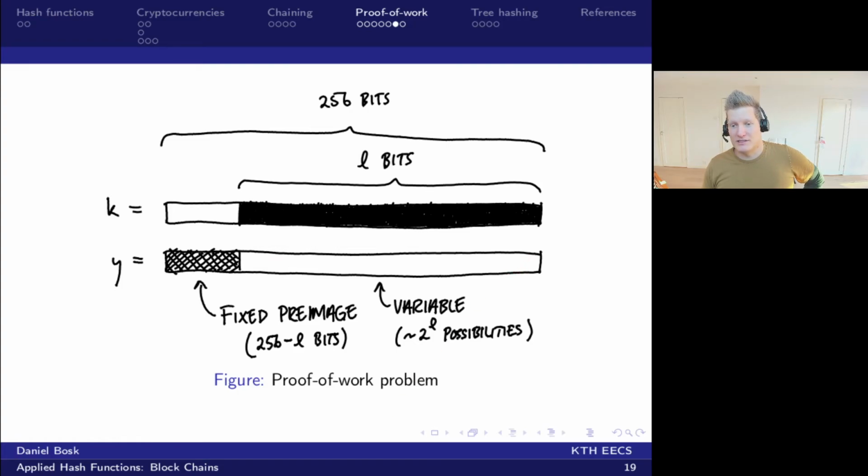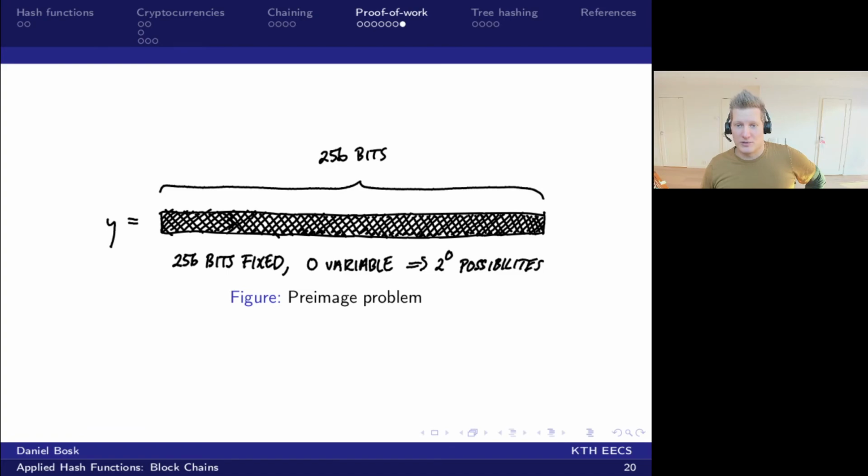So if we compare this to the pre-image problem, then the entire thing is fixed. So we have to find this exact one. There is only one that we have to find, which is 1 out of 2 to the power of 256 possible ones.